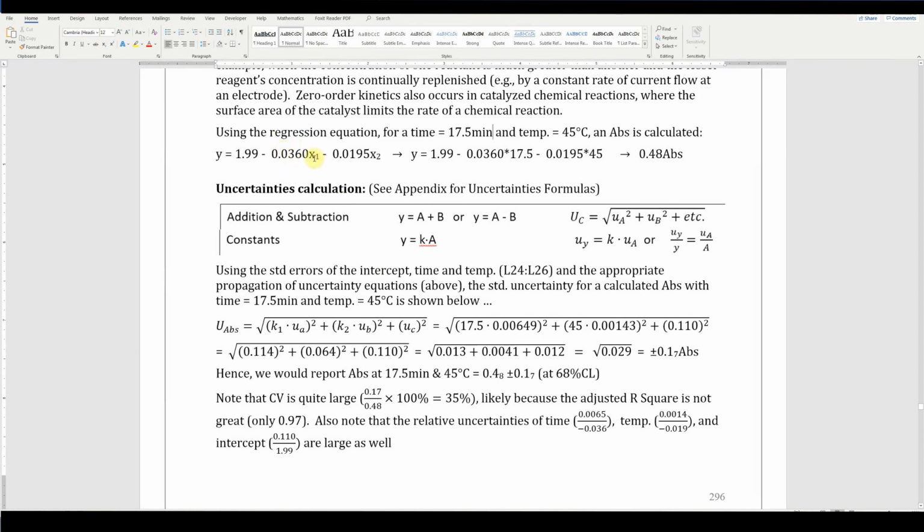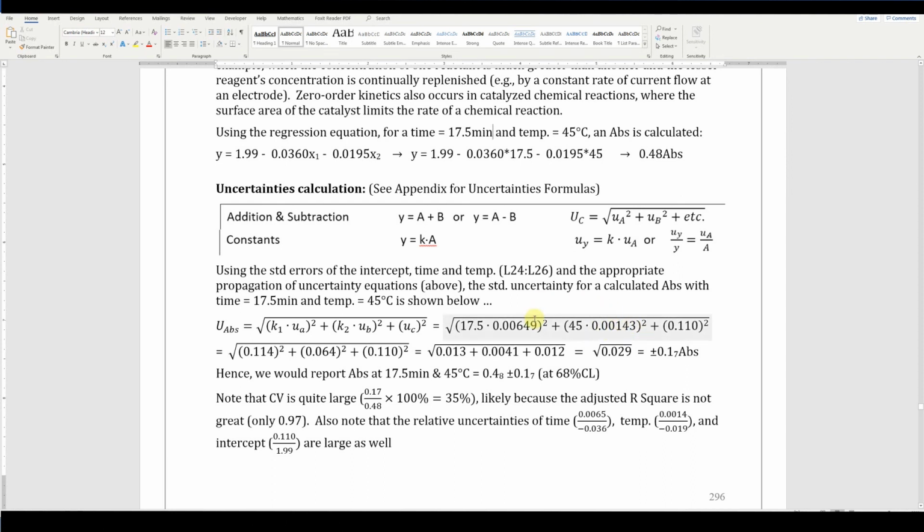Our constant here was 17.5 minutes times the uncertainty of the coefficient of the time, which happens to be 0.0065, I'll show it to you in a moment, plus the other constant, which is 45 degrees Celsius, times the uncertainty of the temperature term, 0.00143.